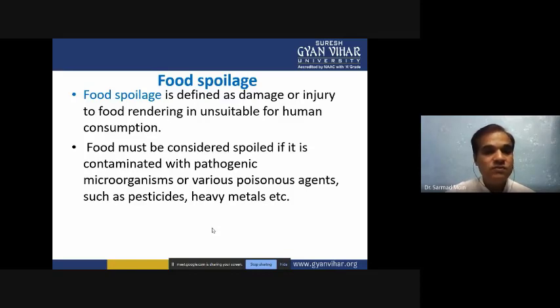So food must be considered spoiled if it is contaminated with pathogenic or non-pathogenic microorganisms, and also if some poison is there, such as pesticides or heavy metals. If these things are in the food, it means the food is contaminated or spoiled, it is waste, and it is not suitable for human consumption.